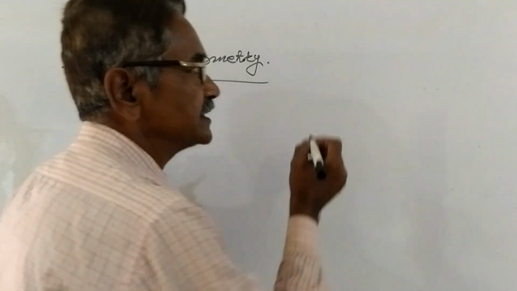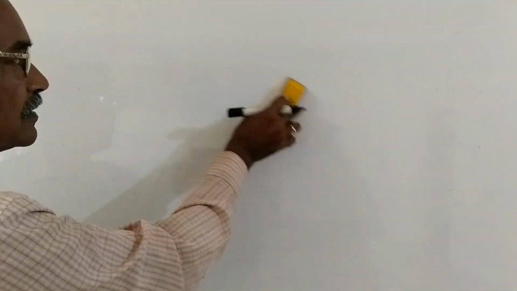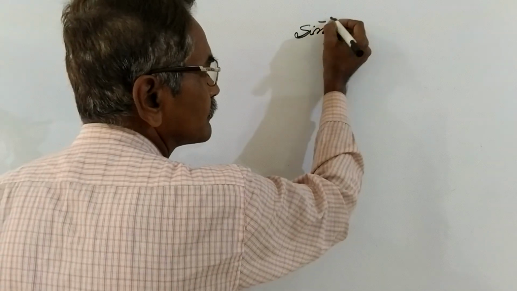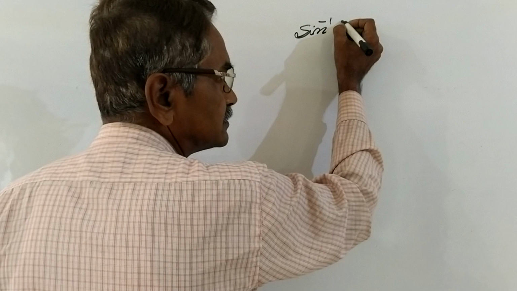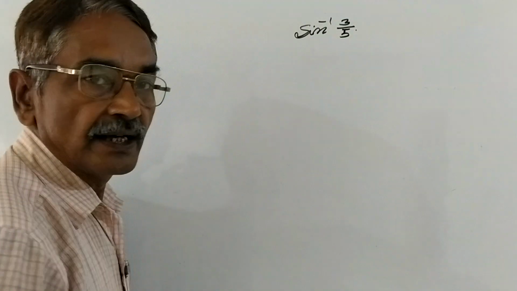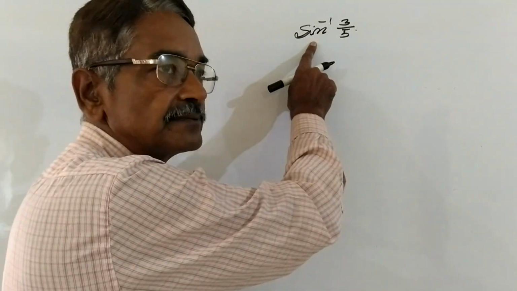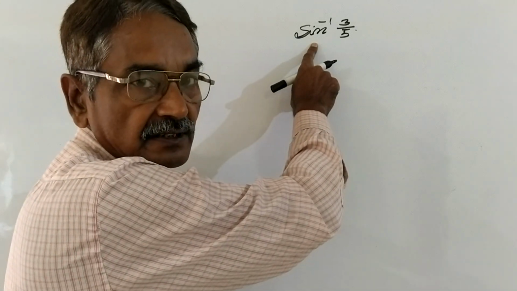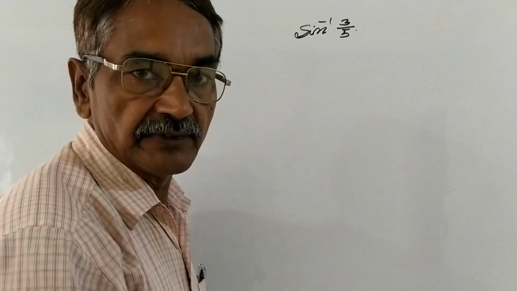For example, say I have sin inverse 3 by 5. And in the question, it is required that the question cannot be solved till it is converted into tan inverse. So we must know how it will be converted into tan inverse.